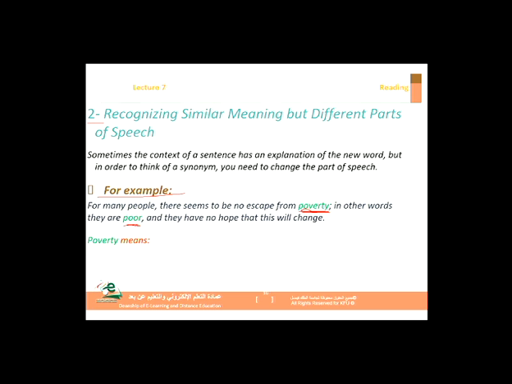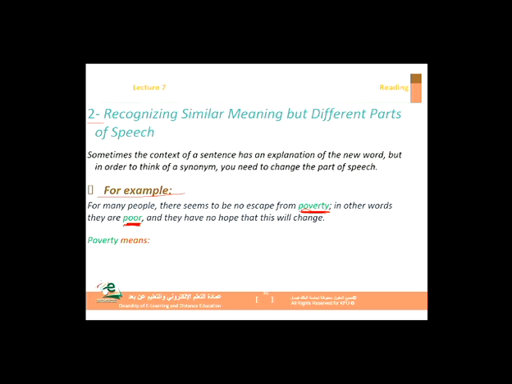What are the 2 words that basically come from the same root? It's poverty and poor. So if you want to think about the meaning of poverty, think of the word poor. Poor is what? Is it a verb?